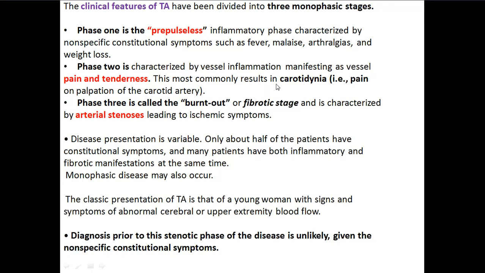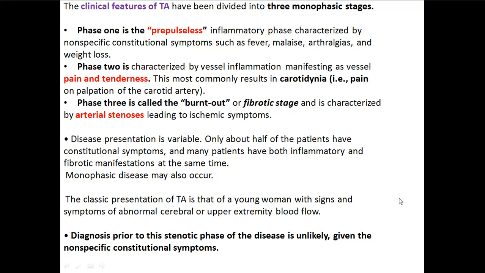When you try to palpate the carotid artery, the patient complains of pain and tenderness. Phase 3 is called the burnt out or fibrotic stage, characterized by arterial stenosis leading to ischemic symptoms.